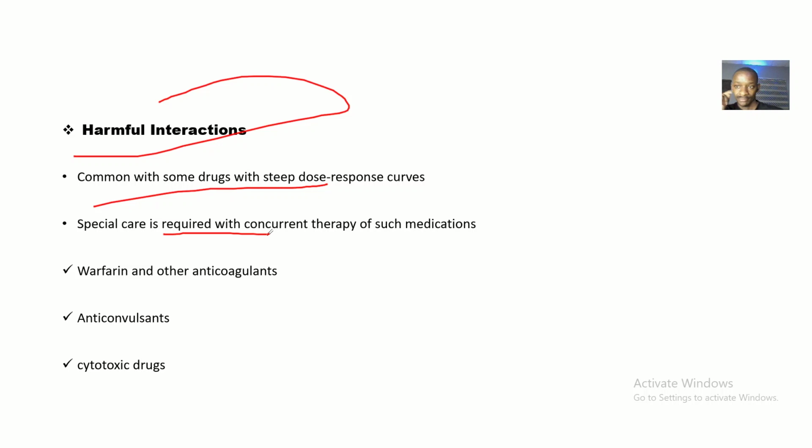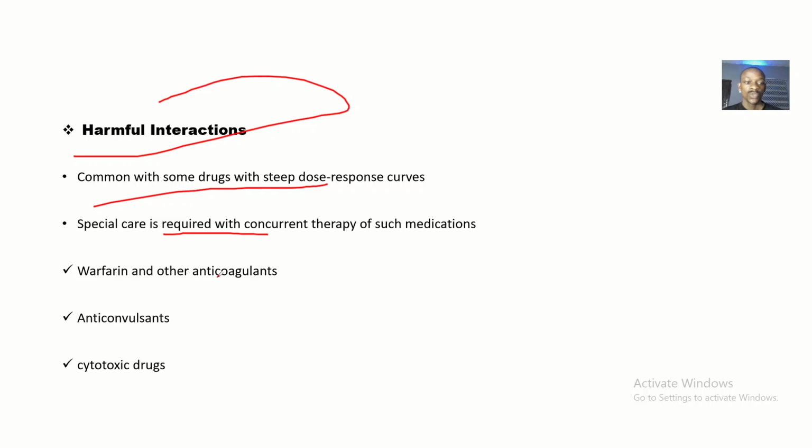Therefore, it is now what? Harmful. Or it could be that another drug is interacting with another drug and stopping its excretion from the body. Do you understand? So therefore, it is causing the accumulation of the other drug.